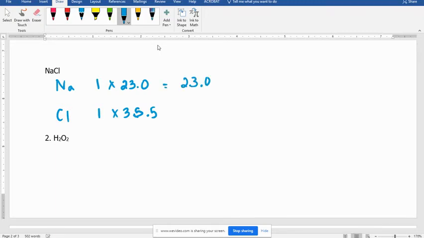Then 23.0 plus 35.5, add those together. We get 58.5. Then we're going to take our part over the whole. So 23 over 58.5, and 35.5 over 58.5.